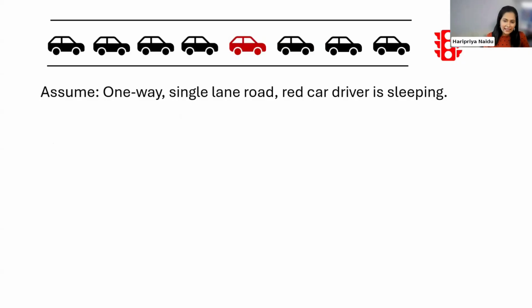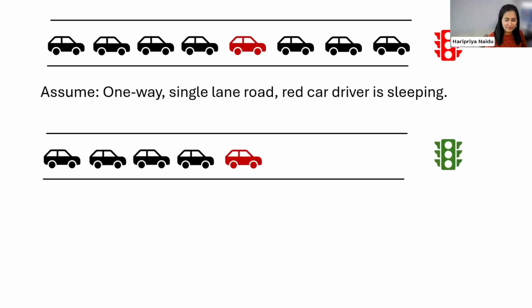Imagine you have a single lane road, you have multiple cars at a red light, and there is a red car there where the driver is sleeping. The reason I mention that the driver is sleeping, you will understand in a few seconds when I relate that to the transactions. All right. So now there is a green light, and the first 3 cars get to move because there's nothing stopping them.